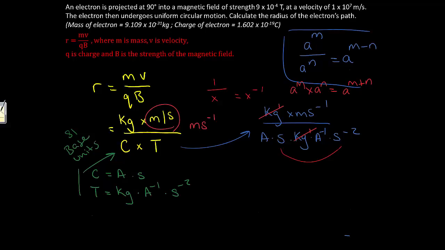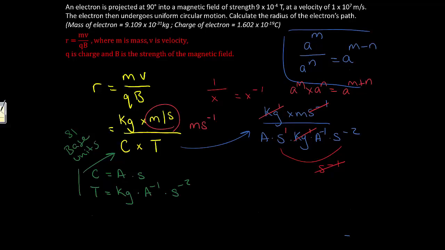So s times s to the negative 2 is s to the 1 plus negative 2, which is s to the negative 1. And that s to the negative 1 is going to cancel straight off with that s to the negative 1 on top.